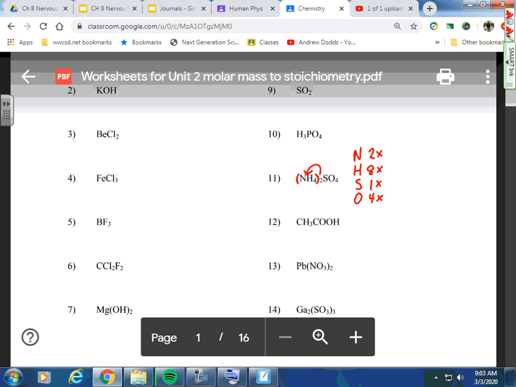So if I look up N, it's number 7. It has a mass of 14.01. There's 2 of them, so the total mass is 28.02 grams. Hydrogen has a mass of 1.01, but there's 8 of them, so if I add 1.01 up 8 times, it would be 8.08.